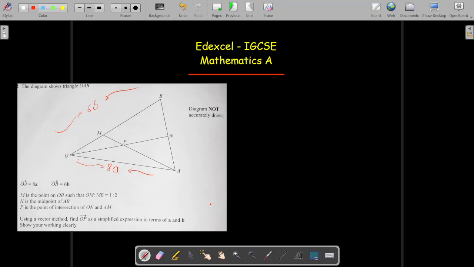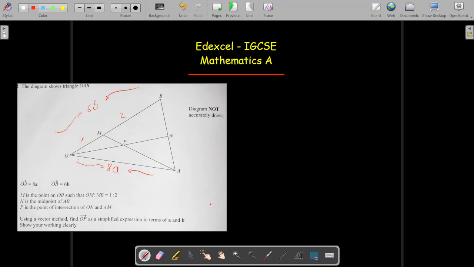Also saying that M is the point on OB such that the ratio of OM to MB is 1 to 2. What is the idea? It means that OM has a ratio of 1 out of 3 and this one has a ratio of 2 out of 3.